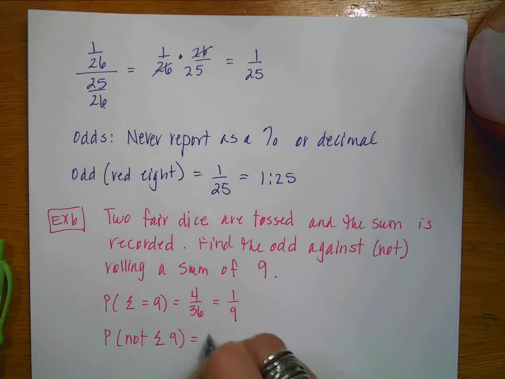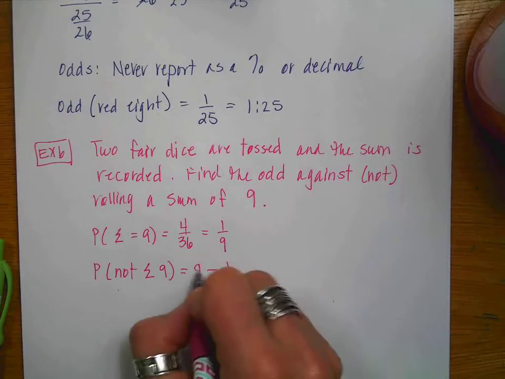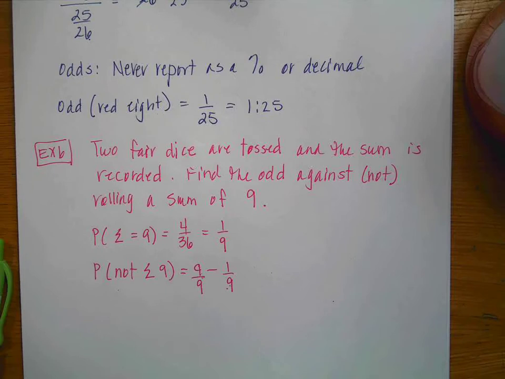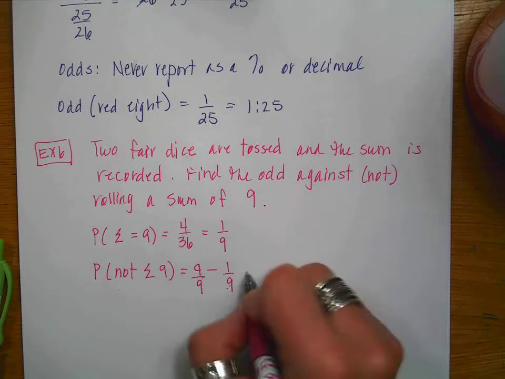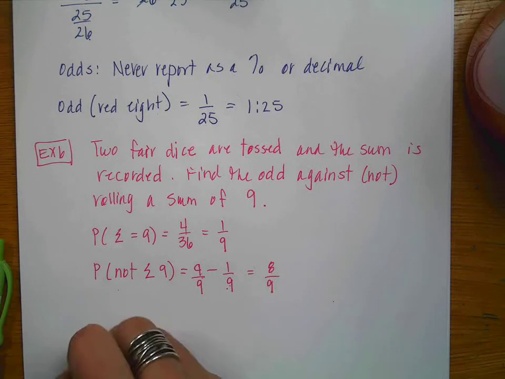So then the probability of not a sum of 9 is going to be 1 minus the 1/9. Again, I'm going to make it so I can add these two numbers together. So I'm going to make this 9 over 9, because 9 divided by 9 is 1. And I'm going to get 8 over 9.